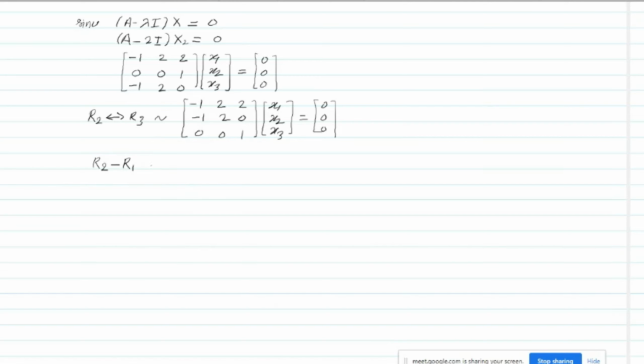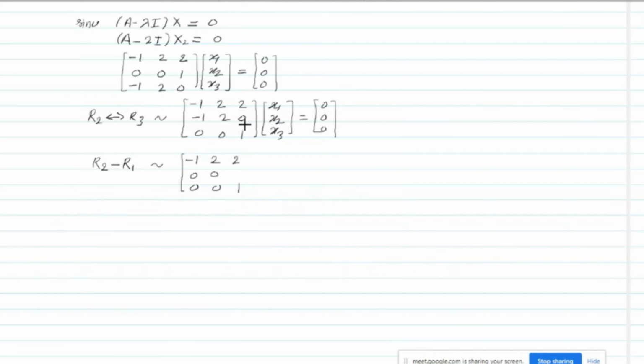Just write down which row will not change. R1 and R3 will not change, only R2 will change. Just write down minus 1, 2, 2 and 0, 0, 1. Okay, R2 minus R1: this becomes plus and minus 1, so this is 0 and this is 0.